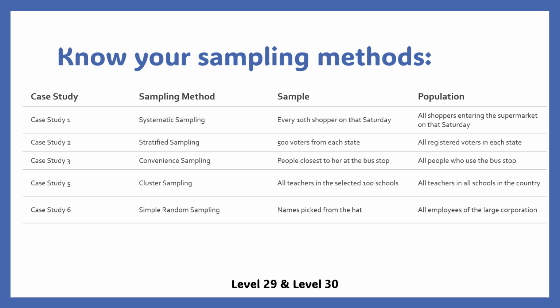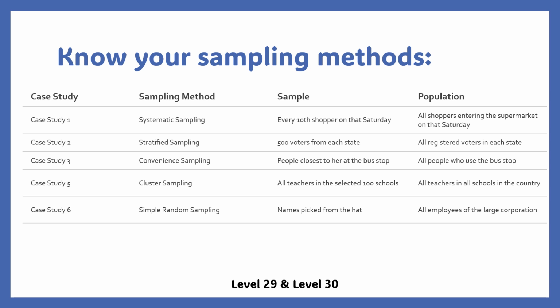For example, if you pick 100 schools at random from all the schools in the country, and then you give a survey to all the teachers in all those 100 schools, that's going to be a lot of work, but it's a lot less work than trying to randomly get a sample of teachers from all the schools in the country. So it's a little bit random, but it's a little bit convenient as well.